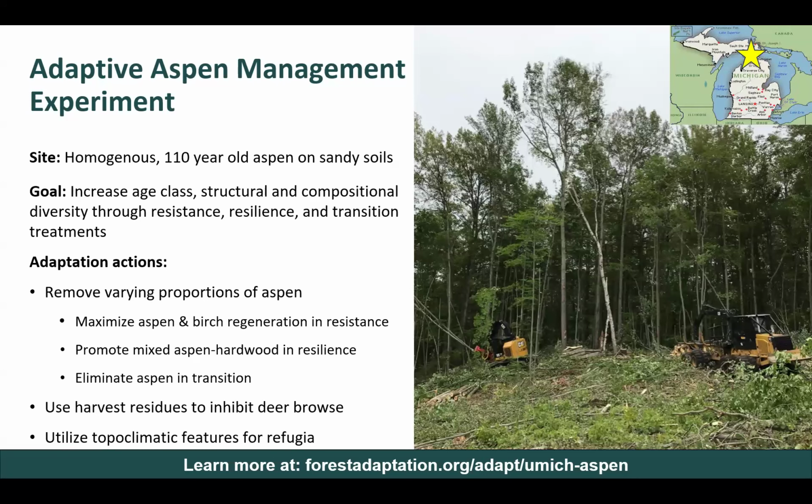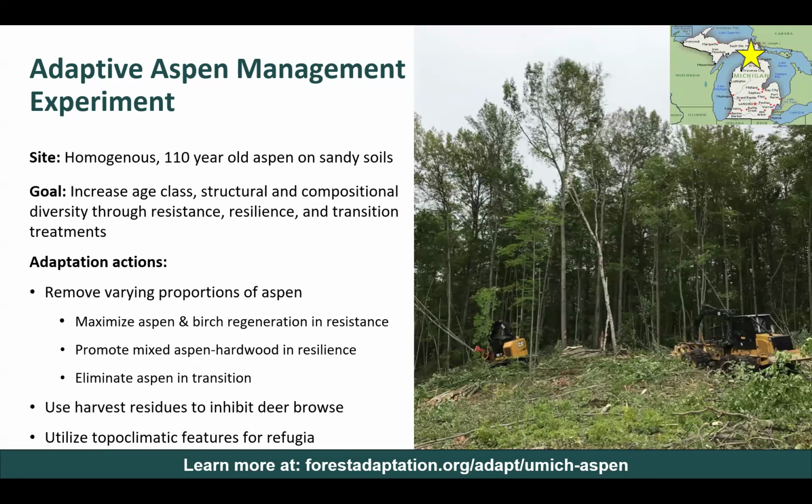And what those treatments corresponded to in terms of adaptation actions were basically removing varying proportions of the dominant aspen overstory. In the resistance cutting unit, our intention was to resist the impacts of climate change and regenerate a climate vulnerable aspen birch forest type.